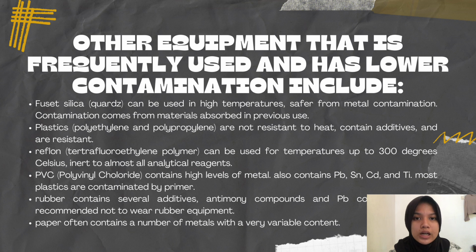Contamination of water: water used is great, so it is necessary to pay special attention to the purity of the water used. The way to reduce metal contamination is to use distilled water and ion exchange column.